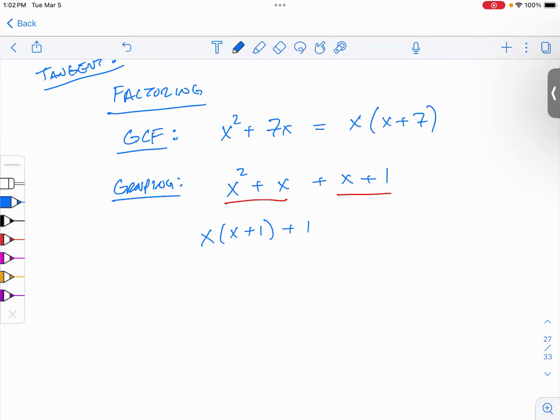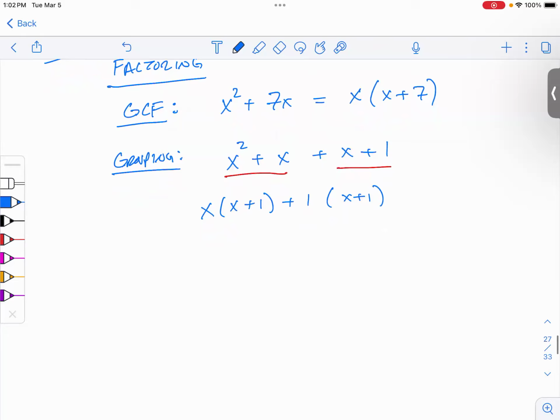And that's important to note. So when I pull those all the way out, x plus 1 comes out, and I know grouping worked because what is in the parentheses match. And I can even write that as x plus 1 quantity squared. So factoring is a big one. Those are by far the 2 most common techniques.